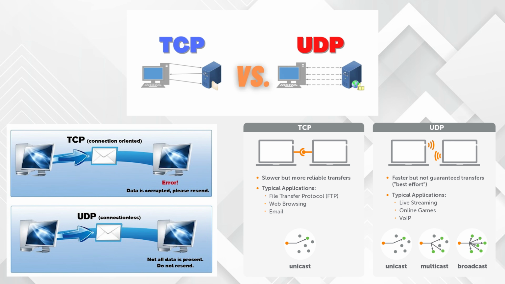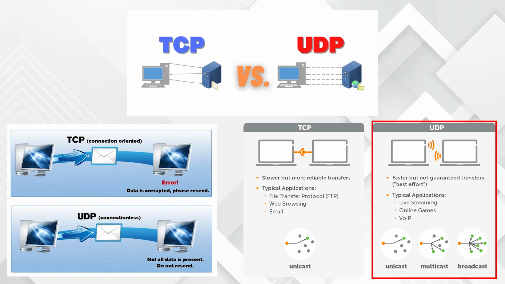TCP is a connection-oriented protocol, whereas UDP is a connectionless protocol. A key difference between TCP and UDP is speed, as TCP is comparatively slower than UDP. Overall, UDP is a much faster, simpler and efficient protocol. However, retransmission of lost data packets is only possible with TCP.